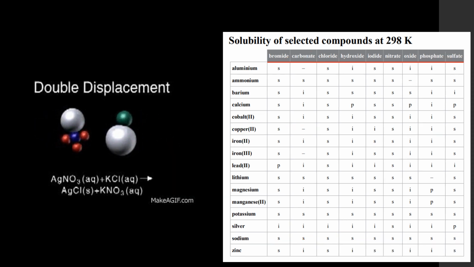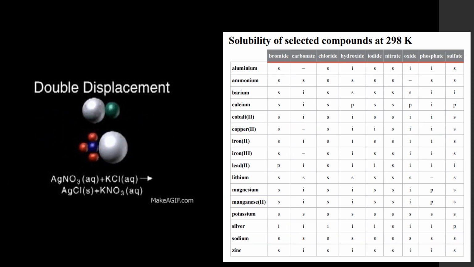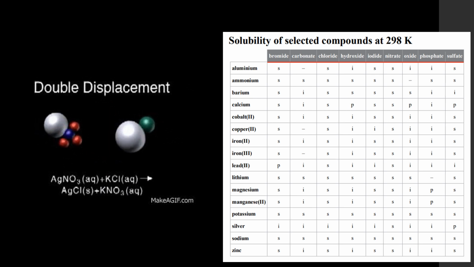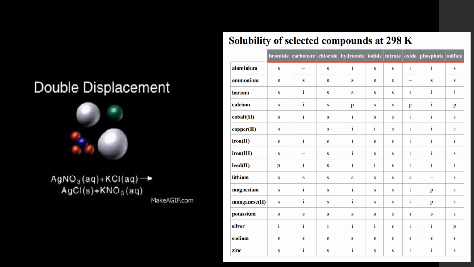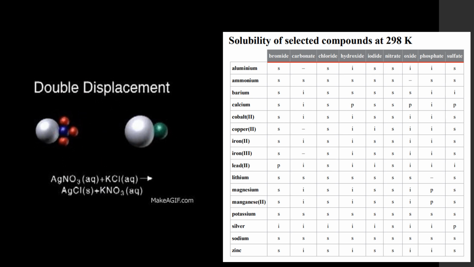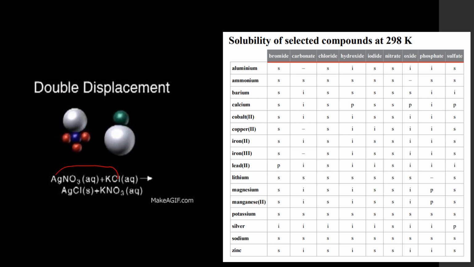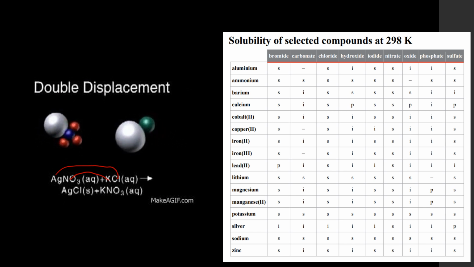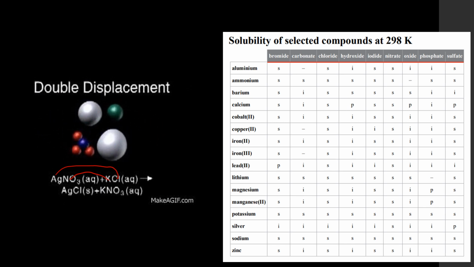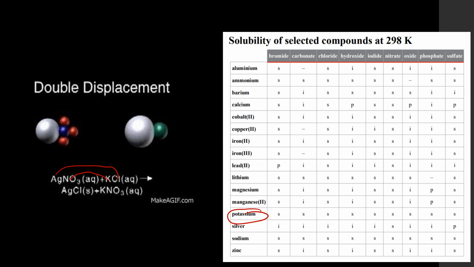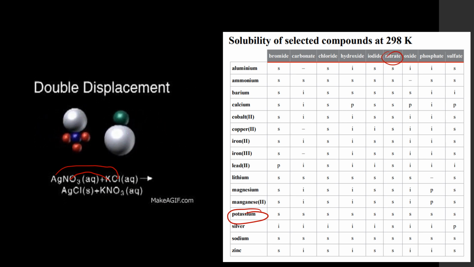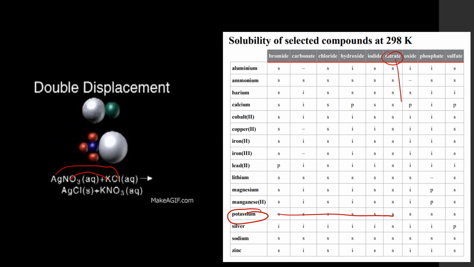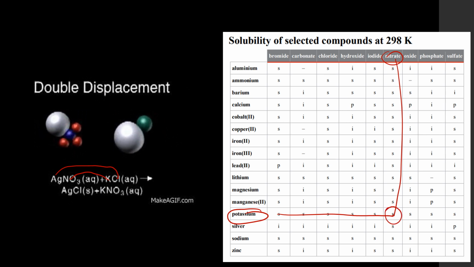Let's have a look at another one. We've got silver nitrate and potassium chloride. So what are we going to do? We're going to match up silver chloride and potassium nitrate. And let's look at, first of all, potassium nitrate. So here's potassium. Here's nitrate. We'll go to the intersection. And it's said to be S for soluble.